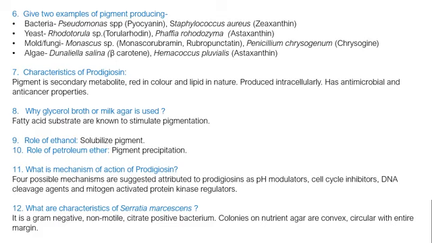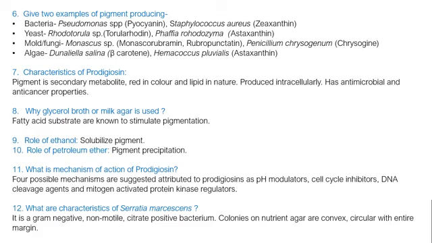Okay, so bacteria, there are many examples. I had listed the easy one here to remember. So the example is Pseudomonas, pigment is pyocyanin, then Staphylococcus aureus, zeaxanthin. Then in case of yeast, Rhodotorula, the pigment is Torula rhodine. Then Phaffia rhodozyma, the pigment is astaxanthin.